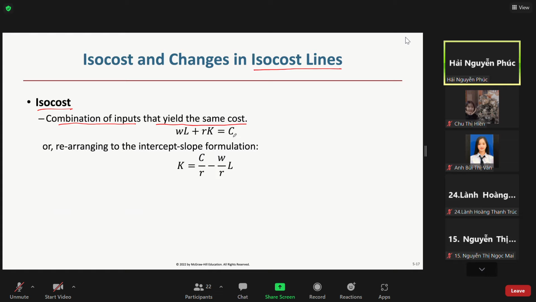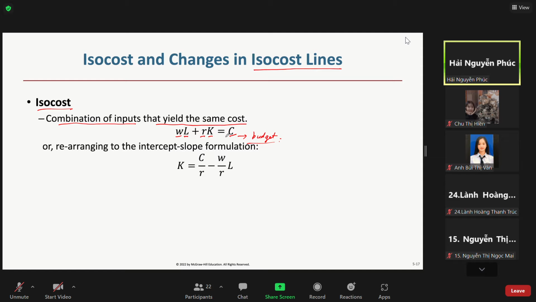Imagine we have the following. C is your budget, the money budget. You can spend your money to buy the two inputs, labor or capital. L is the quantity of labor, W is the wage rate, K is the quantity of capital, R is the rental rate.